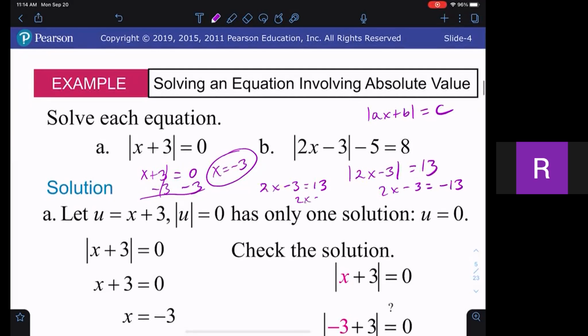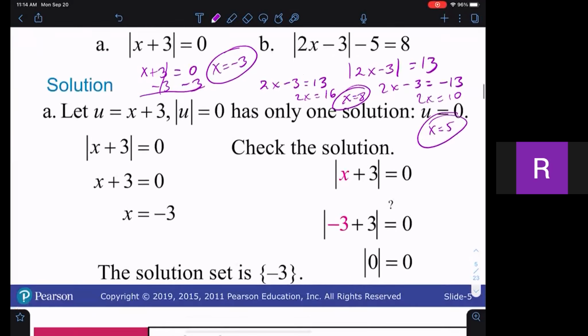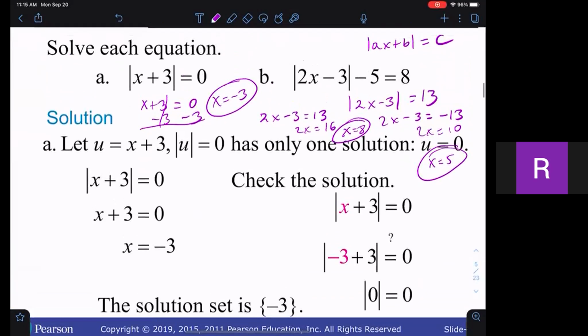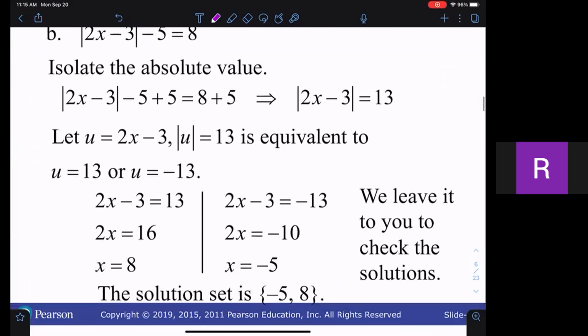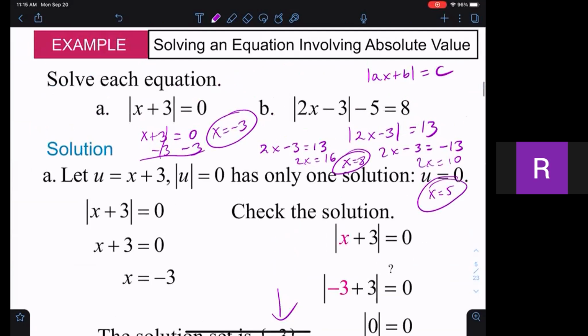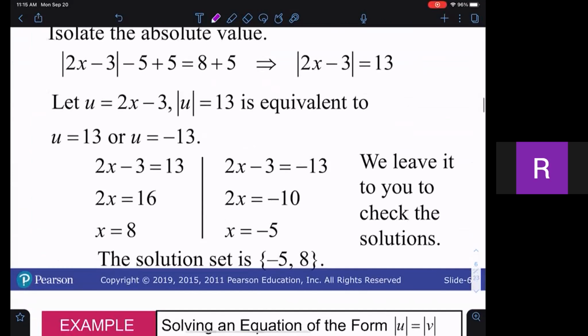This is 2x equals 16, x equals 8, and then 2x equals negative 10 after adding 3 on both sides, so x equals negative 5. You should be able to know how to do that, right? For the first one, of course, we just have one solution. For the second one, you should have 2, which is negative 5 and 8. Yeah, here I missed the sign. Negative 5 and 8, sorry.